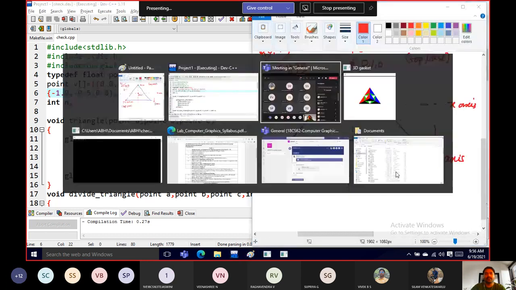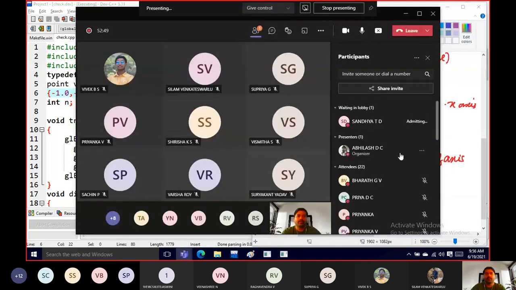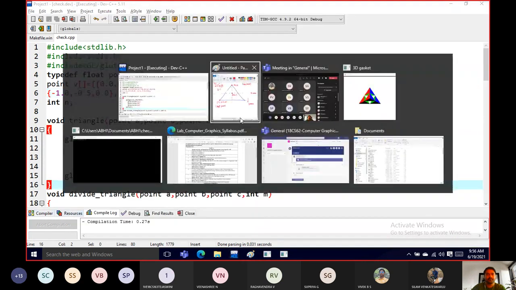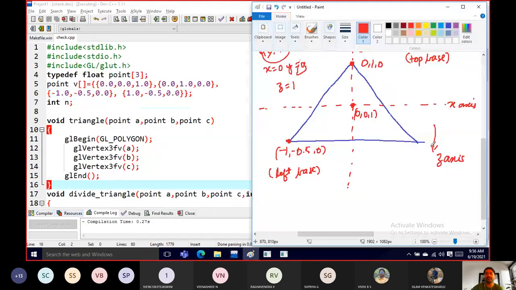What about the other value? The other value is pretty simple. Anybody wants to take a guess? Which side of x is it? Positive x, sir. Yeah, so 1.